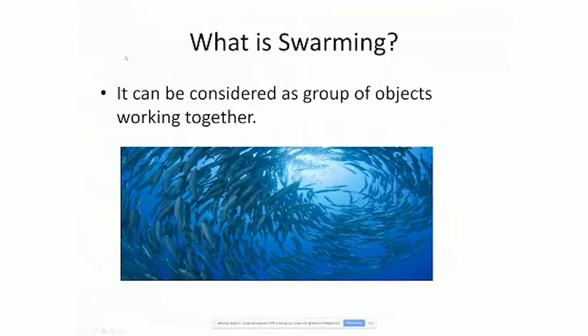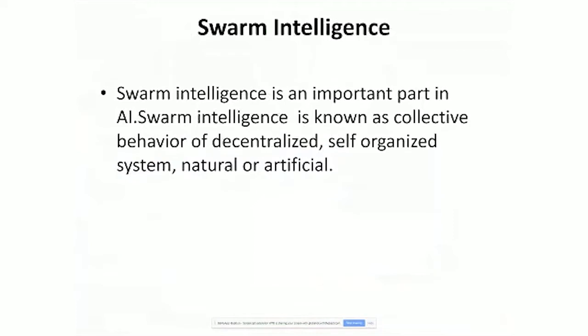Now if we move away and think about swarm intelligence: when we talk in terms of intelligence, that means we are talking about taking some kind of decisions. So swarm intelligence is an important part of artificial intelligence. Swarm intelligence is known as the collective behavior of decentralized, self-organized systems, natural or artificial.